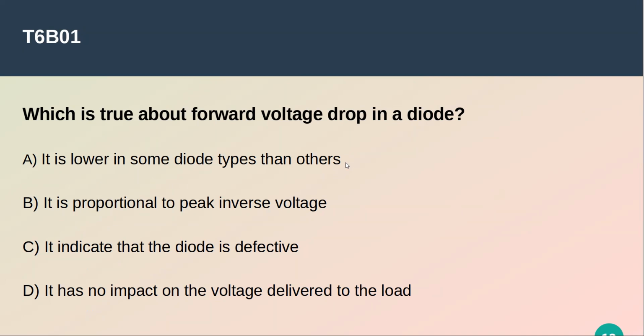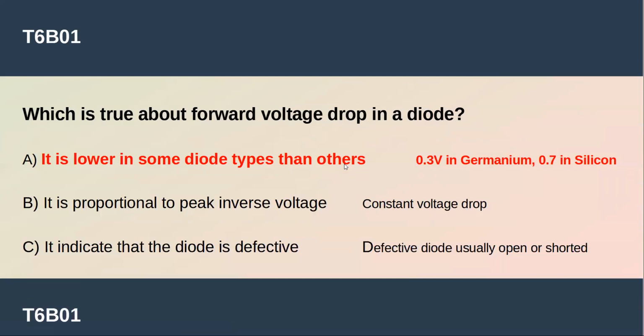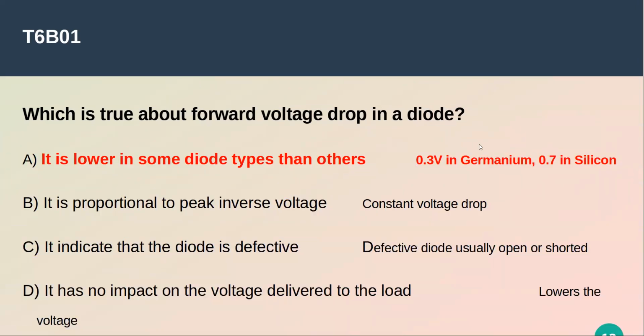Which is true about forward voltage drop in a diode? 0.3 in germanium, 0.7 in silicon. Actually, there are other types of diodes where there are different values that we won't talk about. So, general and extra.